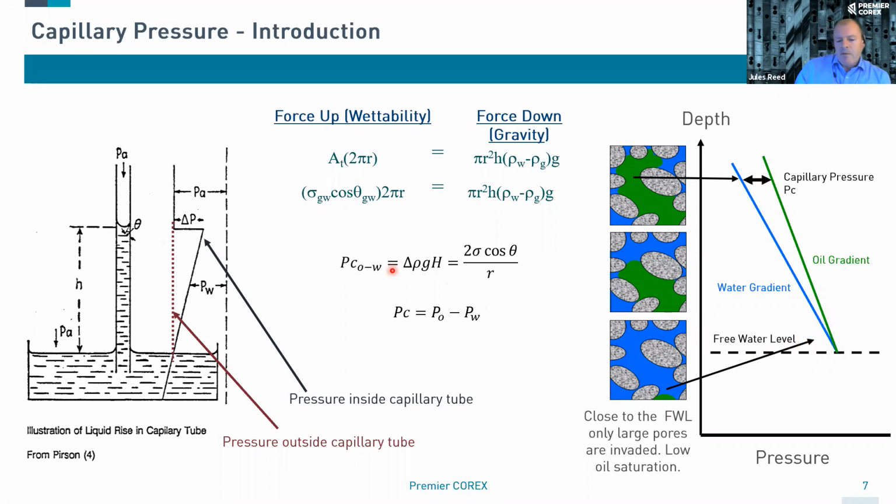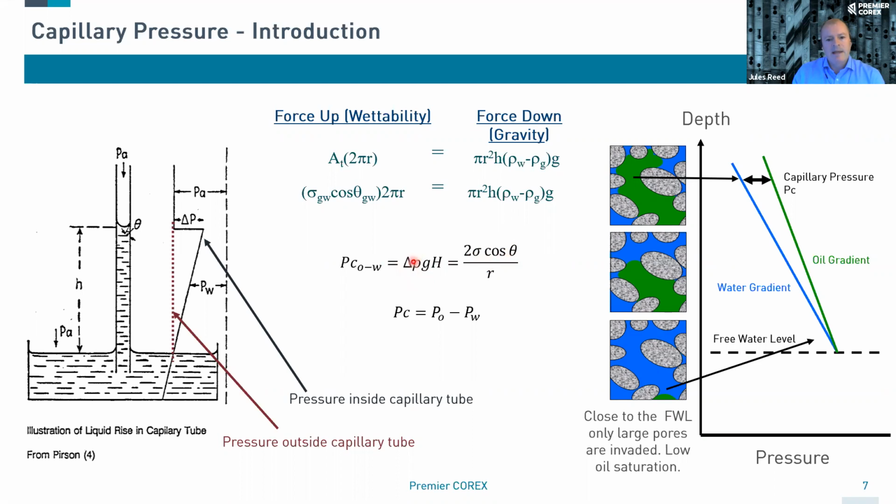And this is governed by two different equations. The capillary pressure, controlled by the size of the capillaries, is given by the Young-Laplace equation, 2 sigma cos theta over r, where r is the radius of the capillaries, and sigma cos theta is the interfacial tension and contact angle of the fluid pair.